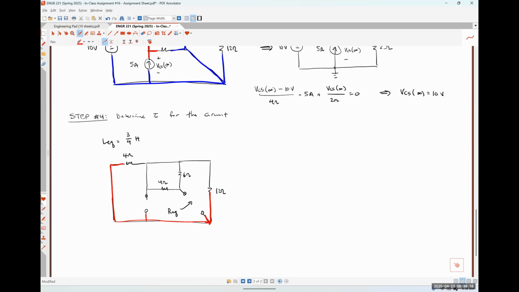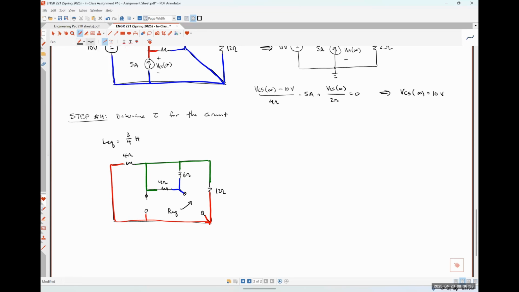So here I've got one node. Here is another node. And here is my final node.